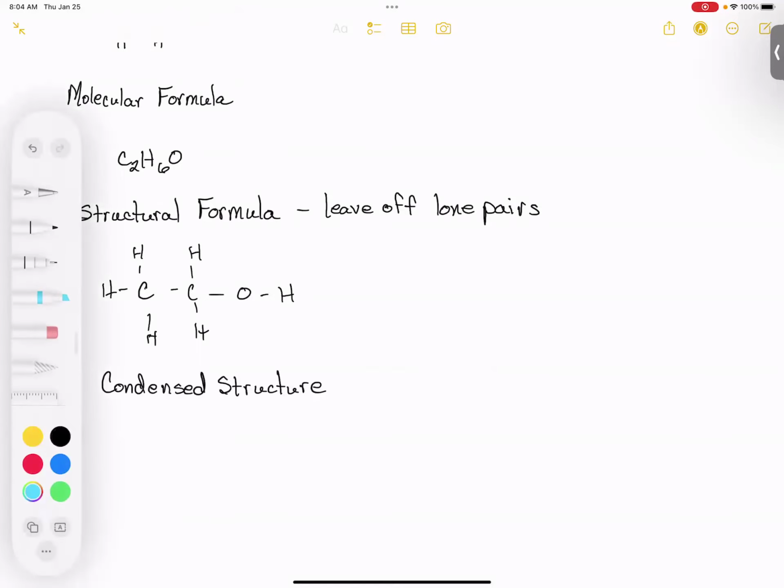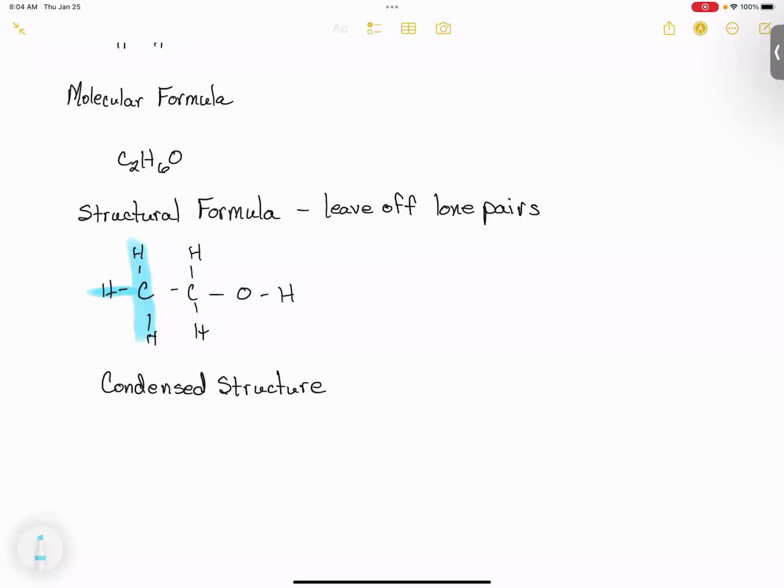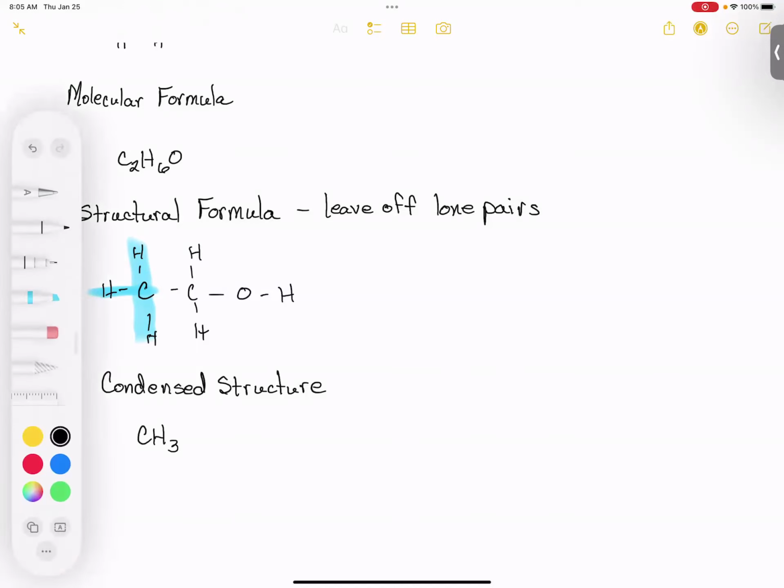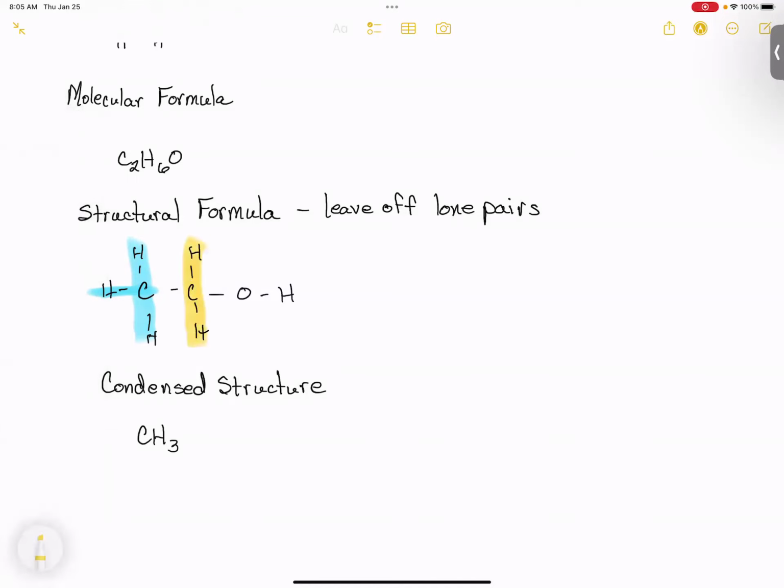So this first carbon has C and 3 H's on it, so it would condense down to CH3. The next carbon has 2 hydrogens on it, so it would condense down to CH2.